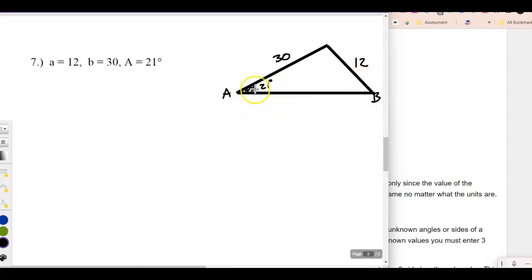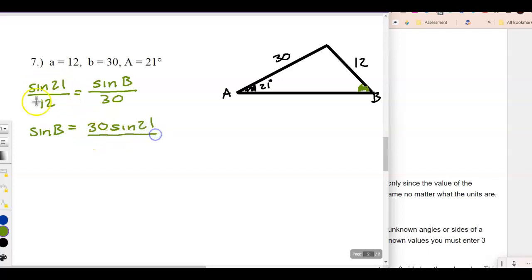We have an angle side pair, so we can do the law of sines. We're hoping to find what the measure of angle B is right here. So we have sine of 21 over 12, and that will equal sine of B over 30. So that means sine of B will equal 30 times sine of 21, all divided by 12.